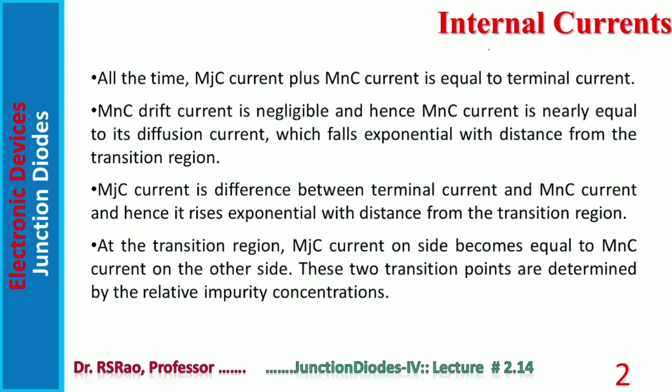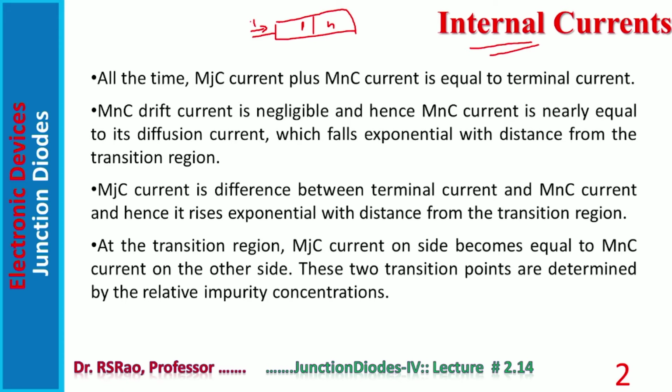We begin the session with a few remarks regarding internal currents. What are internal currents? Consider a diode, P region on one side, N region on the other side. If it is forward biased, current enters into the diode from the P region side.